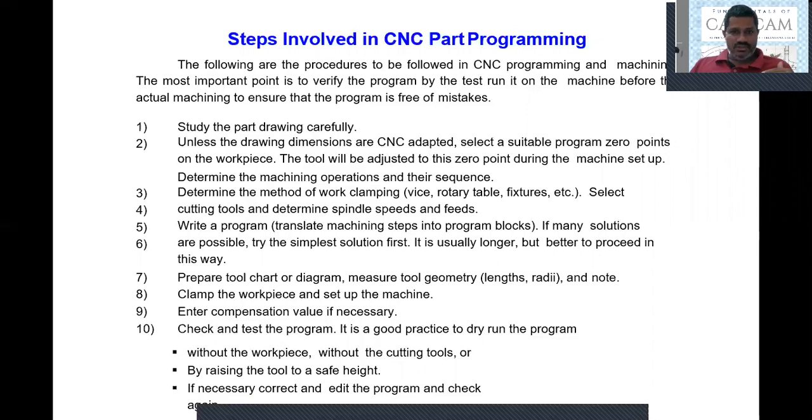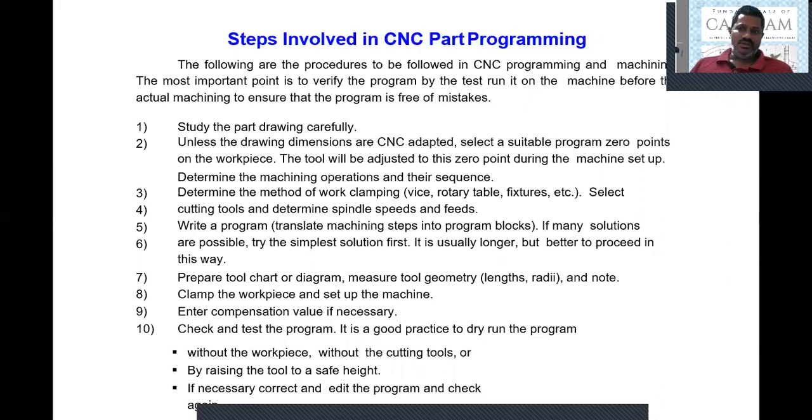Then we proceed further to see the method of work, like selecting work clamping devices. If the geometry is a rotational component, we need to go to the lathe machine. Suppose we have a prismatic component, in that case we need to choose the milling or any other machine.